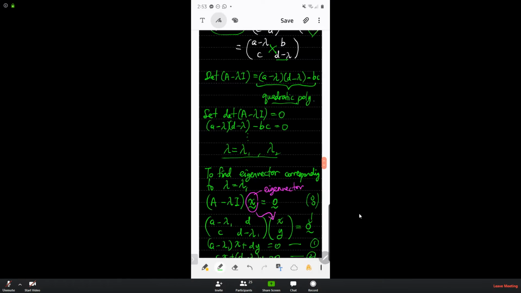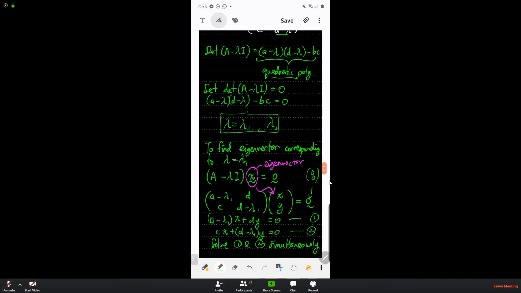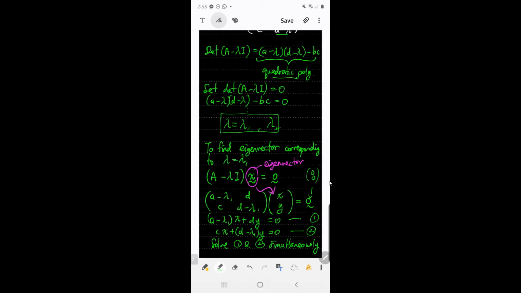So you will get 2 values. So you have to find the eigenvector corresponding to lambda 1 and lambda 2. So it's a very time-consuming process because you have to find eigenvector corresponding to lambda 1 first, followed by the eigenvector corresponding to lambda 2. You have to find separately, no choice.